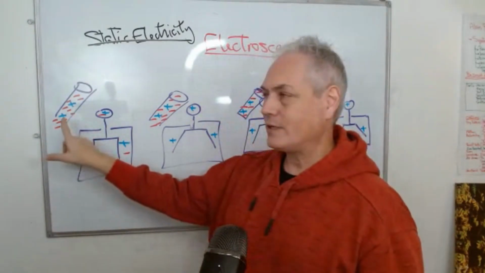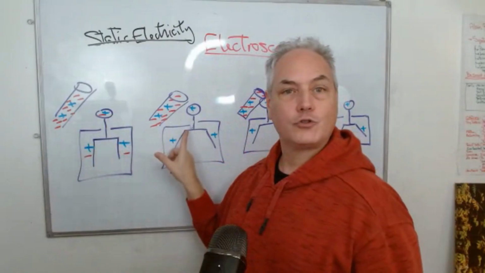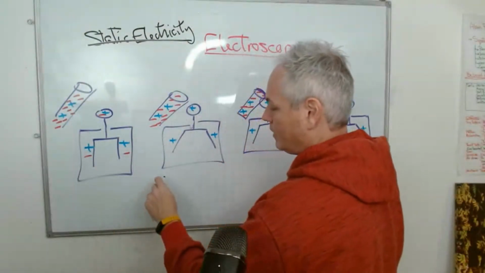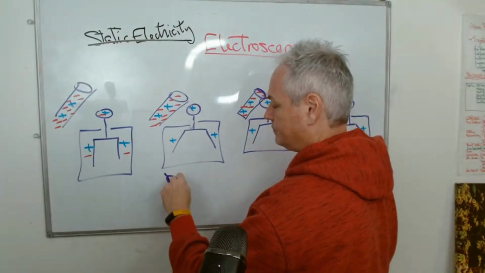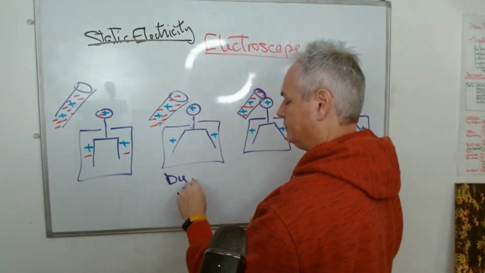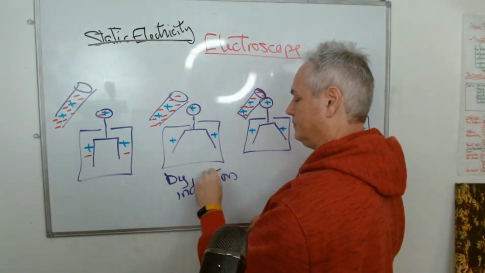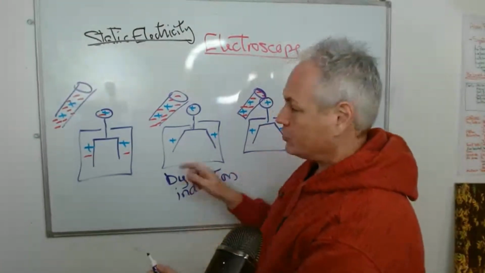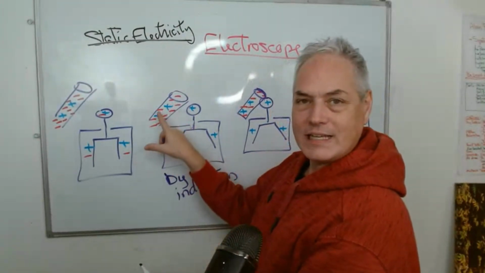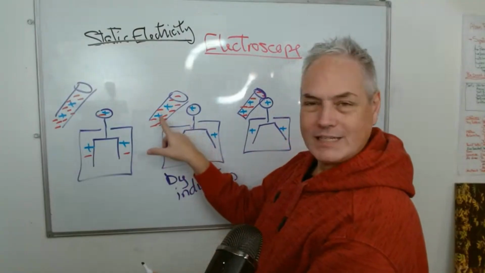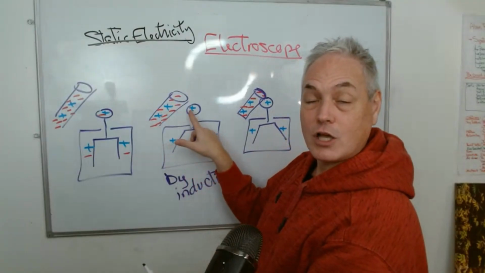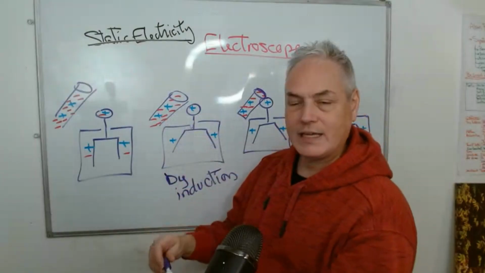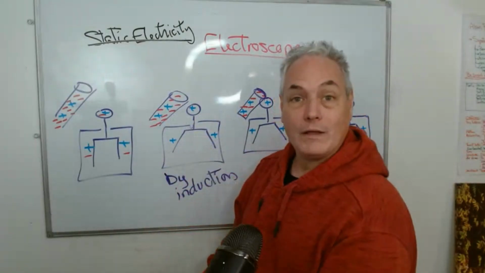Now what happens is that when you bring the stick closer to the electroscope without touching it, we have what we call induction. The induction is that the negative charges here on the stick will influence the electrons on the electroscope, and the electrons will be moving further away from the stick.